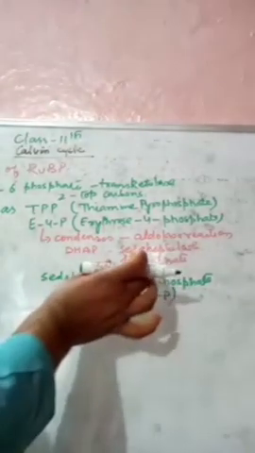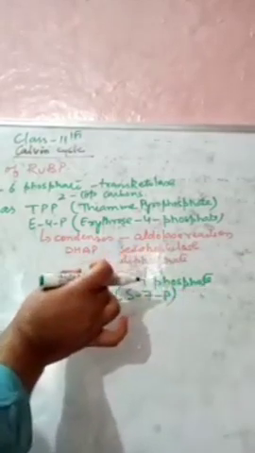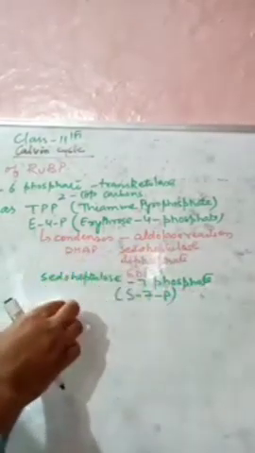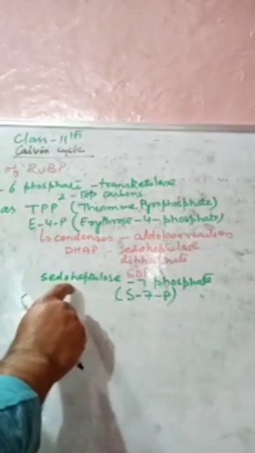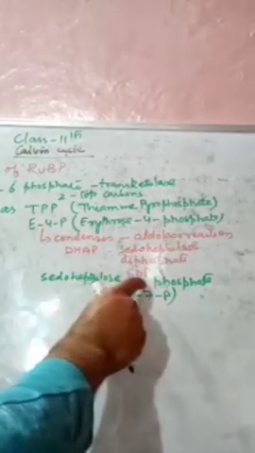And this sedoheptulose diphosphate is then converted by a second energy-liberating step to sedoheptulose 7-phosphate.